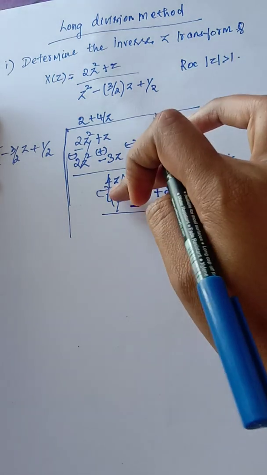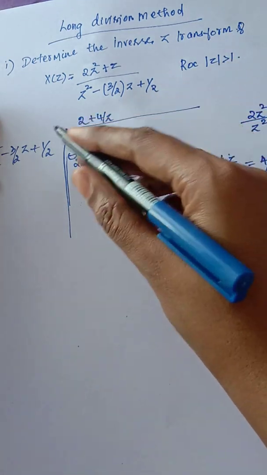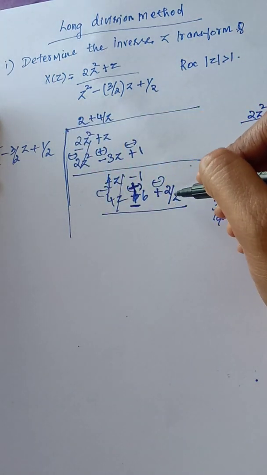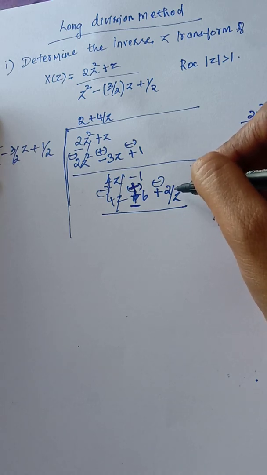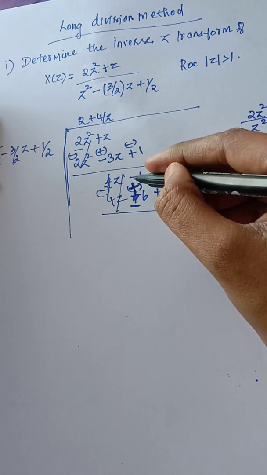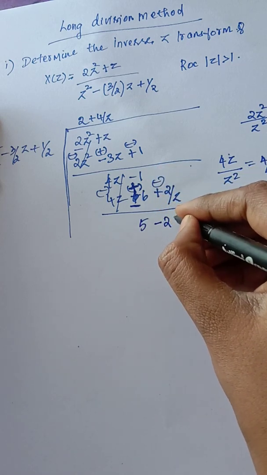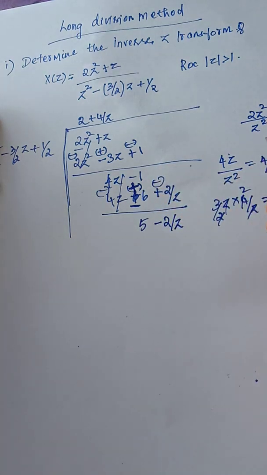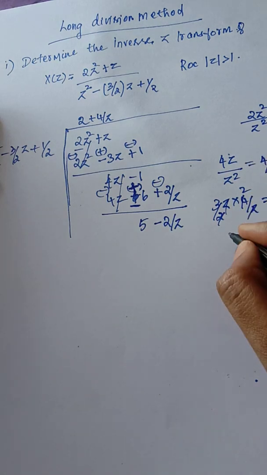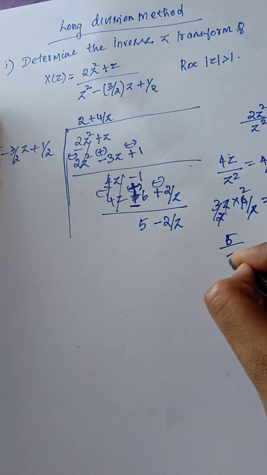So 4z minus minus 6 plus 2z inverse, right? Now when I change the sign, I will get 5 minus 2 by z. Again I need to perform this, so 5 by z square.